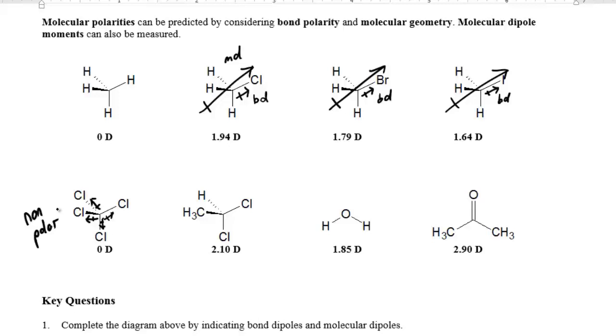Now, sometimes students have trouble looking at a molecule that's supposed to be represented in 3 dimensions and deciding, well, do the bond dipoles cancel? One of the things to consider is if the molecule is perfectly symmetrical, as is the tetrahedral structure, then you can be certain that the bond dipoles will cancel.